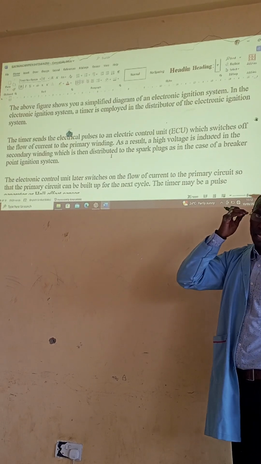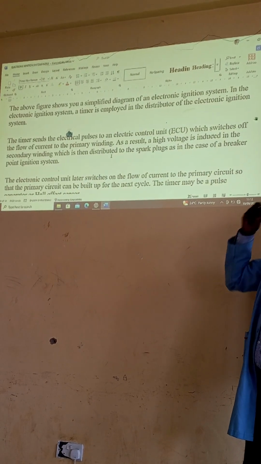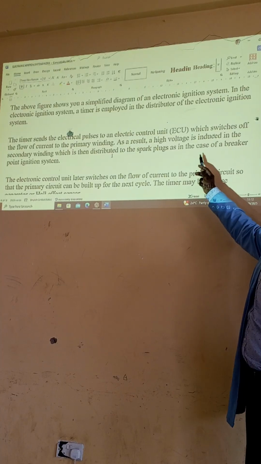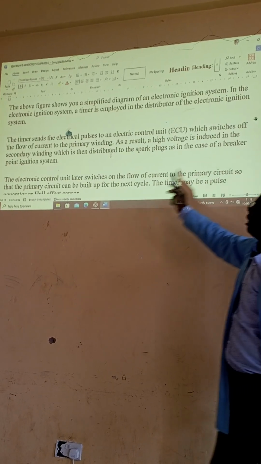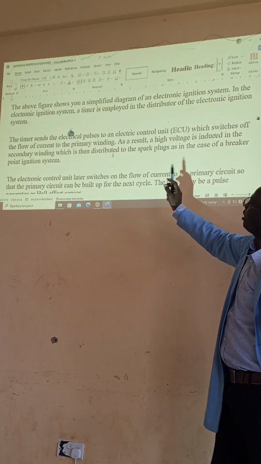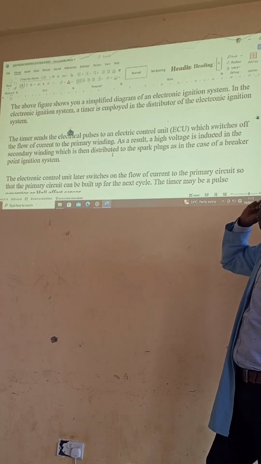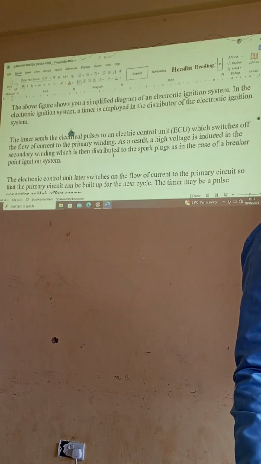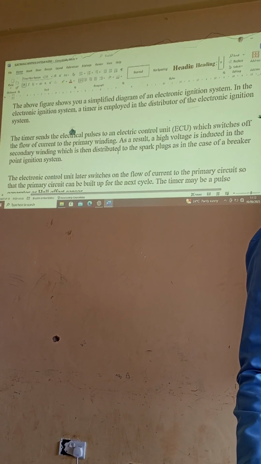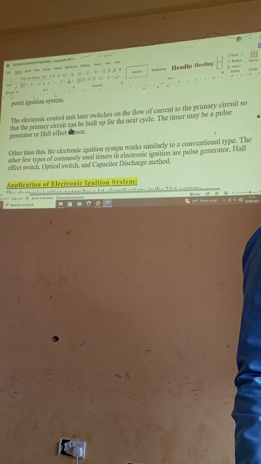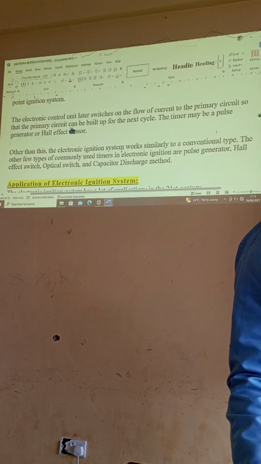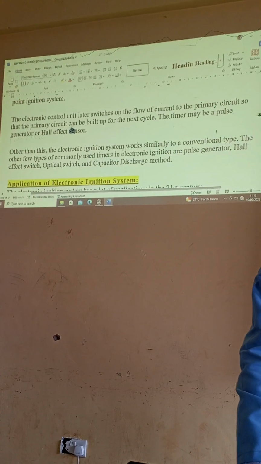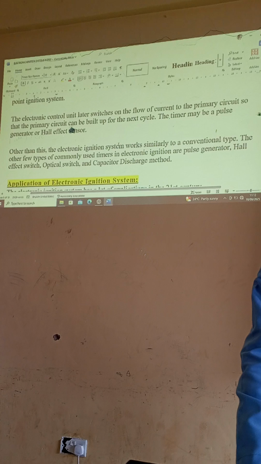I don't need you to copy and paste this, I need you to understand it. Then high voltage is induced in the secondary winding, which is then distributed to the spark plugs, as in a breaker point ignition system. But now the electronic control unit later switches on the flow of current to the primary circuit, so that the primary circuit can build up for the next cycle.